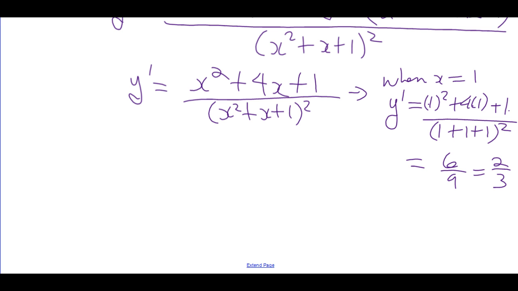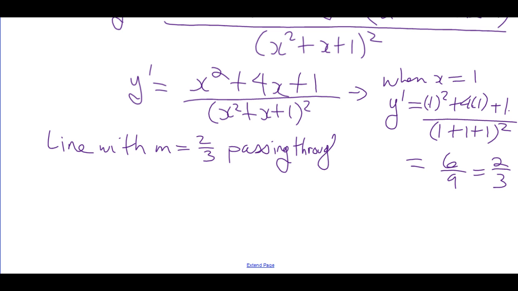So now we need a line with slope of 2/3 passing through 1, 0. You then use your favorite way of finding the equation of a line. You don't know by now, this is my favorite way.